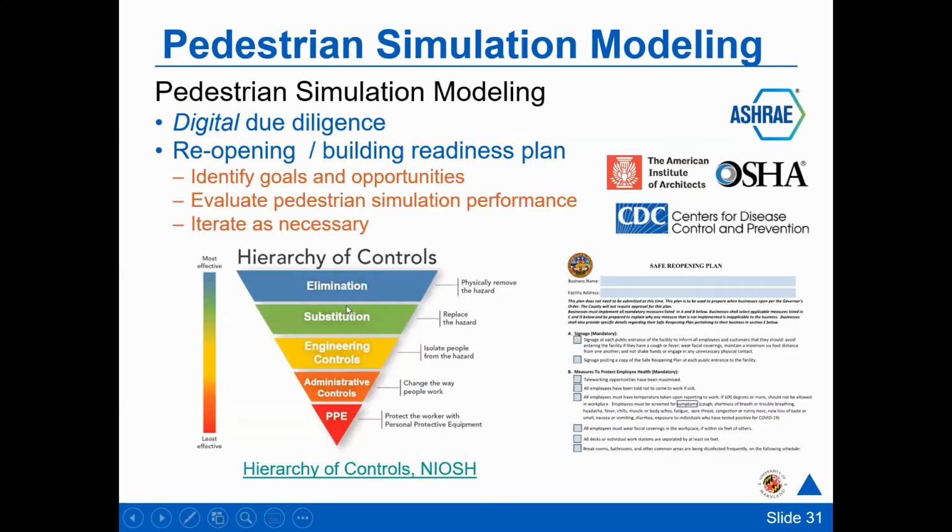So one of the key aspects and perhaps one of the key benefits of something like pedestrian simulation modeling is being able to do something of a digital due diligence, that as we are seeking to reopen, I think that it is commendable that many organizations are really trying to put some serious thought and effort into understanding what that means and what sort of mitigation efforts are going to be reasonable, practical, and appropriate to achieve some of those business needs.